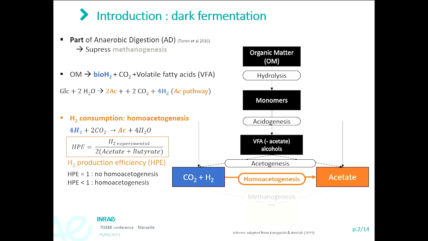We can calculate the HPE, hydrogen production efficiency ratio, to estimate if acetate production was related to hydrogen production or homoacetogenesis. When the ratio is equal to 1, we consider there is no homoacetogenesis. On the contrary, when this ratio is below 1, we can suppose that there is some homoacetogenesis activity and therefore hydrogen consumption.